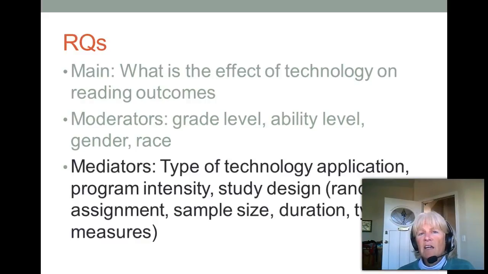It could impact the outcome in a slightly different way than the outcome. I'm not explaining it very well, but in this particular study, they're looking at the type of technology application, which we've already defined, and the program intensity, so how often are the students actually working with the program.